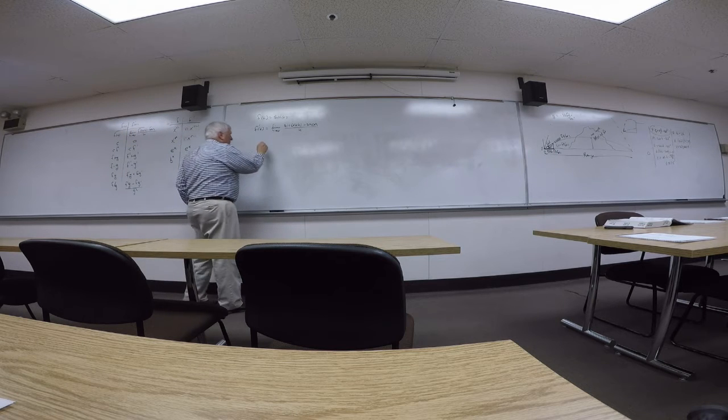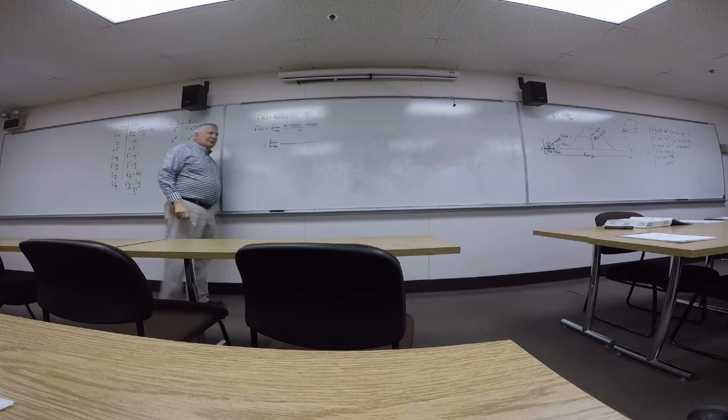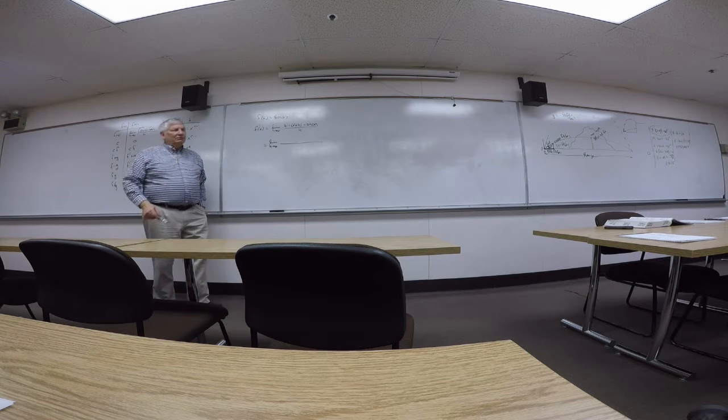So I have to recall some trigonometric identities. What is the sine of a sum? Sine of alpha plus beta is sine alpha cosine beta plus cosine alpha sine beta.